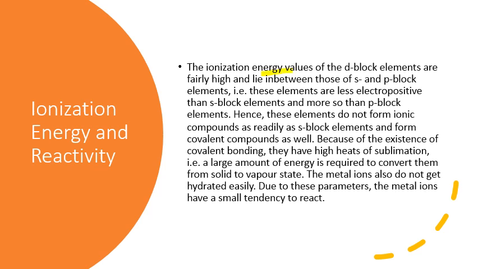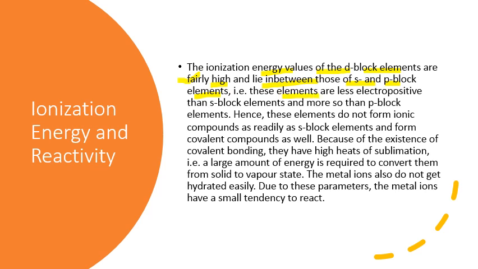The ionization energy values of the d block elements are fairly high and lie in between the s and p block elements. So if we compare the ionization energy of the d block elements with the s and p block elements, we can see the d block ionization energy is fairly high and lies between the s and p block elements.